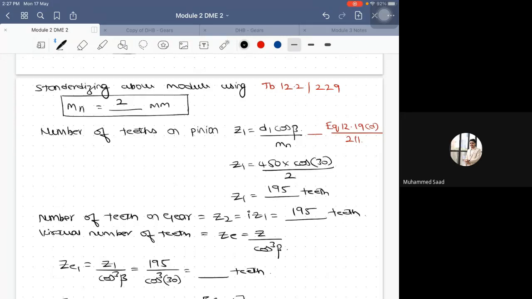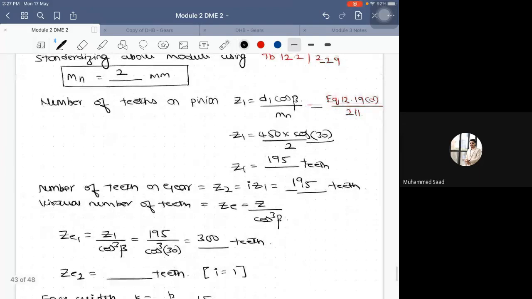Virtual number of teeth now, ZE1. Okay, so 300.22, I will take it as 300. Good round number, so I'll take it as 300.